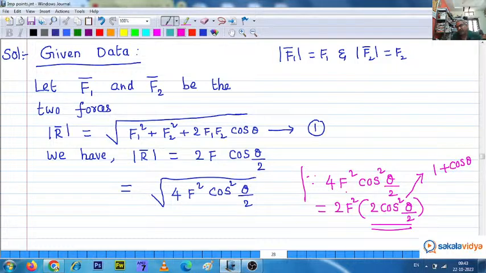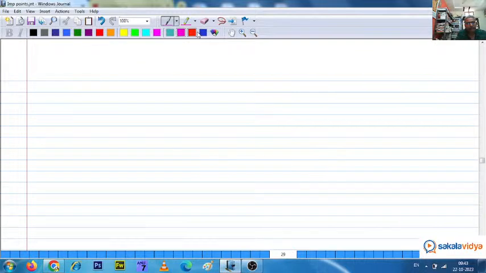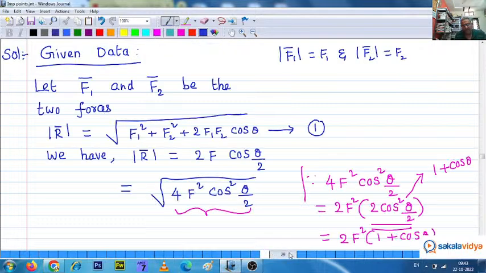So 4f square cos square theta by 2 can be written as 2f square times 1 plus cos theta. My dear students, remember this: under the root of 4f square cos square theta by 2, we can replace it with 2f square into 1 plus cos theta. Understood or not? So now this is equal to the square root of 2f square into 1 plus cos theta.